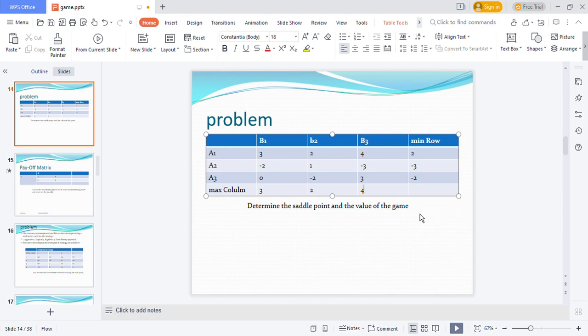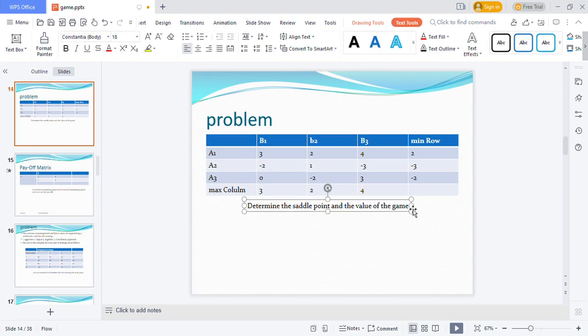Now, how do you determine the saddle point? The saddle point is the point at which the maximin is equal to the minimax.